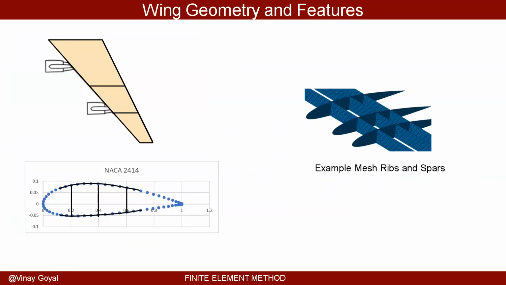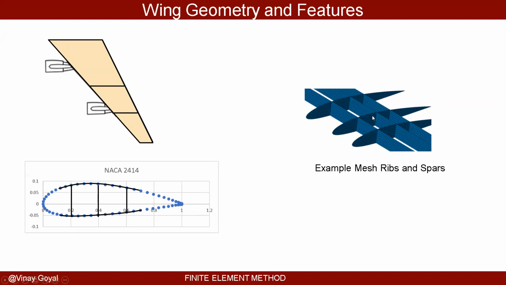Here you can see that we have a wing, and the wing typically has a cross section that has this shape. And this cross section is very nice because it provides the ability to provide the lift required to keep the aircraft floating. And to be able to take the aerodynamic loads, typically these wings have, for example, ribs and then spars.